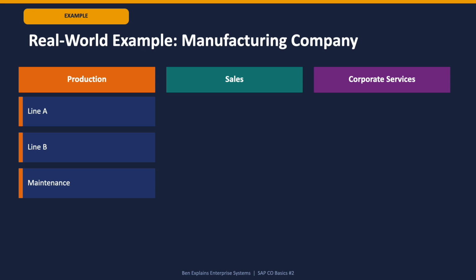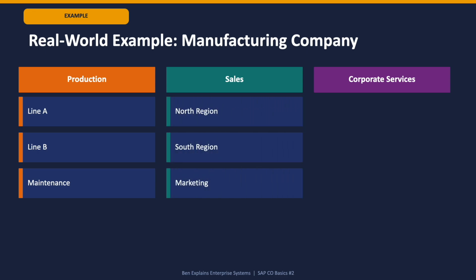Under sales, you might have cost centers for North region, South region, and the marketing team. Under corporate services, you'll have finance, HR, and IT. All of these roll up into the standard hierarchy under their respective nodes.